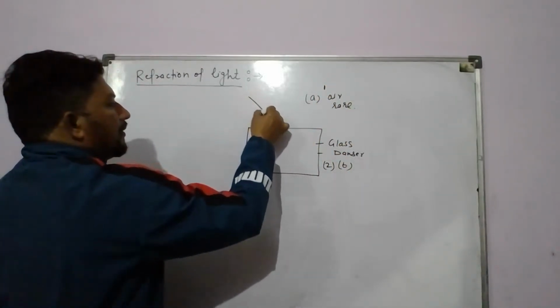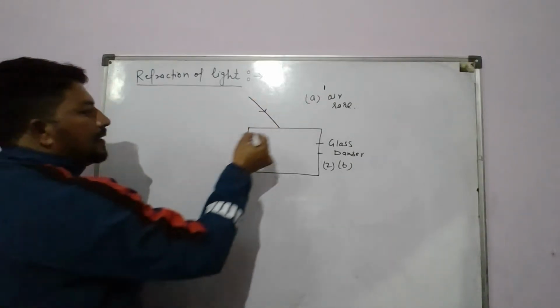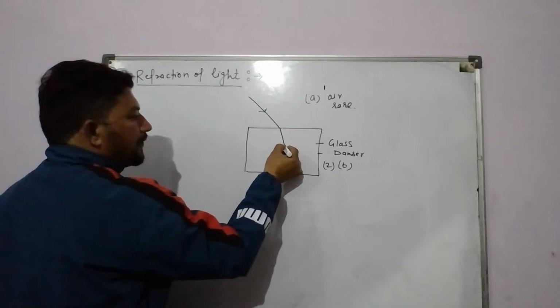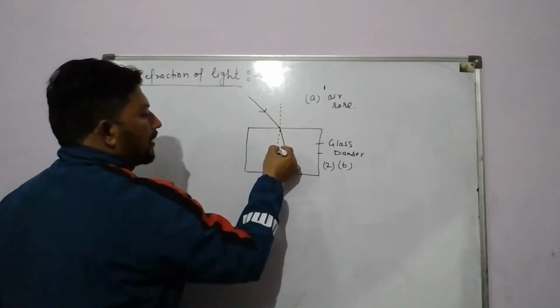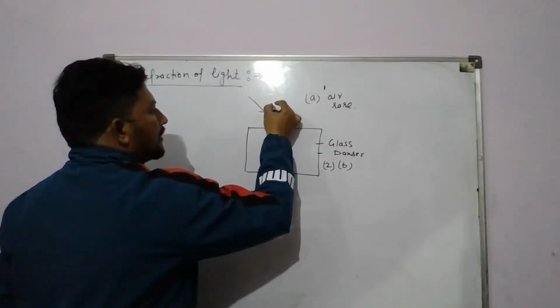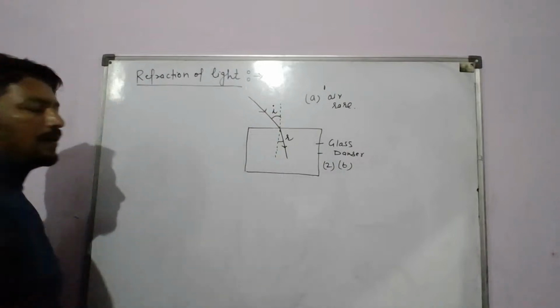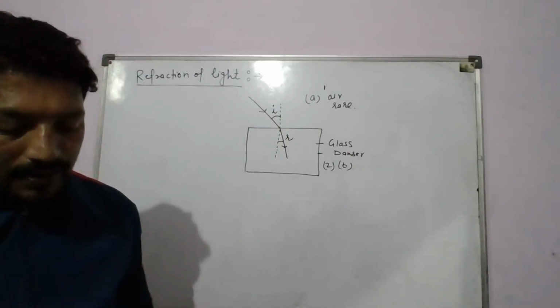Light travels from the air medium. This is your incident ray, and this is your refracted ray, and this is your normal. And this angle is i, the incident angle, and this angle is r, the refracted angle.